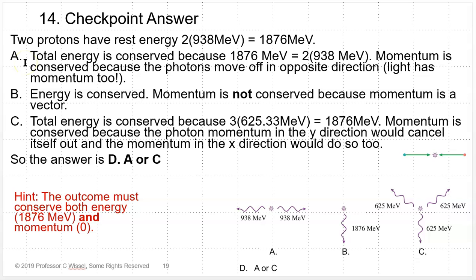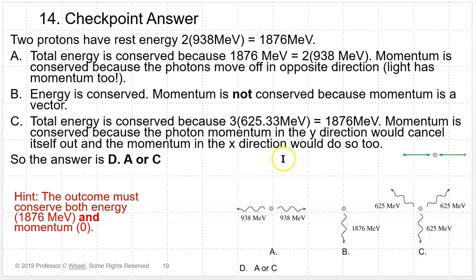Okay, so we look at each one individually. In A, total energy is conserved because if you add these two together, you end up with 1876 MeV. Momentum is conserved because the photons move off in opposite directions, and light has momentum too. So in other words, this might be negative momentum and that an equal amount of positive momentum. Energy is conserved in part B, but momentum is not conserved because momentum is a vector.